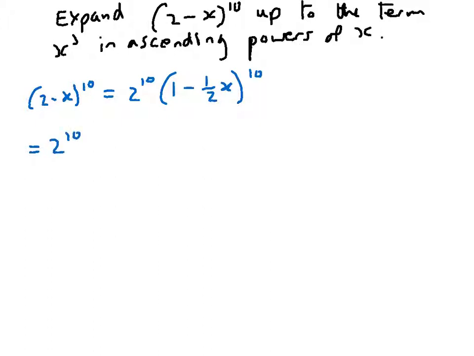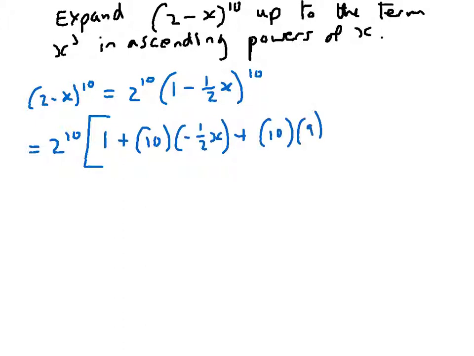So it's 2 to the 10. We're going to leave that outside. Now we do it as normal. We always start with 1 because we've got our 1 there. Plus nx, so n is 10 and x is minus a half x. Really important you put the whole thing in brackets. Plus n is 10, n minus 1 is 9, all divided by 2 factorial, and whatever is in there is our x squared.